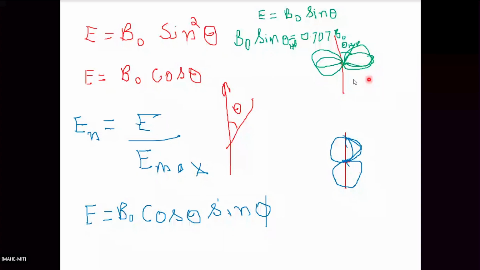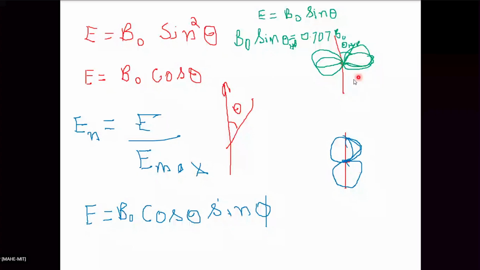Yes, sir. So what is the half power beamwidth? 90 minus 45, into 2. This is the direction of maximum radiation. For the sin theta pattern, 90 minus 45, into 2, so 90 degrees.